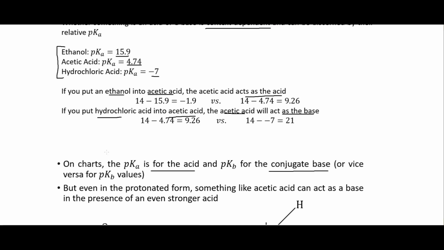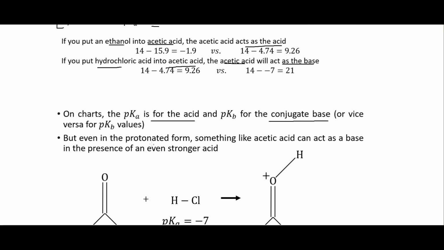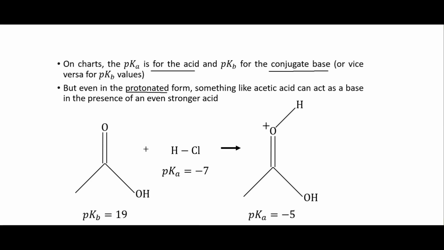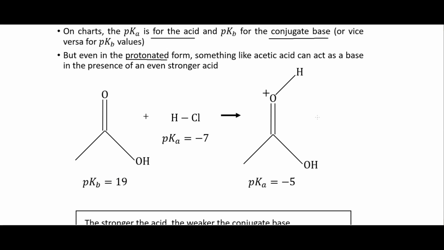Even in a protonated form, so there's that word that you'll see quite often, protonated, something like acetic acid can act as a base in the presence of an even stronger acid, which is what I was talking about up there. And so that looks like this. The pKb of our acetic acid is 19 here. And what I mean by that isn't the pKb of the conjugate base. I'm talking about the pKb of this oxygen right here.